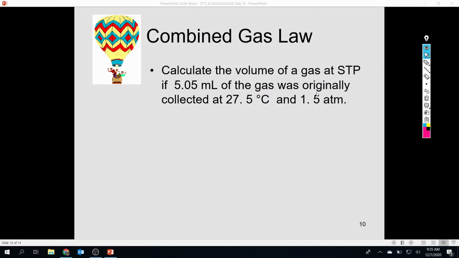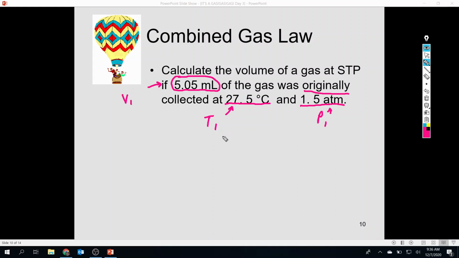Now originally, so that means that these are all going to be my original conditions, or item 1. So here we have volume 1, here we have temperature 1, and here we have pressure 1.